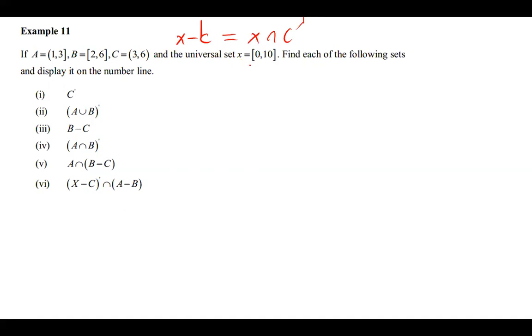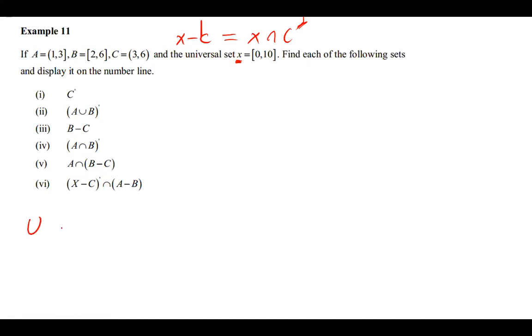But remember, our X is simply just the universal set here. So when you say the universal set intersection C complement, the answer will just give us that same set. Remember those rules that we looked at.